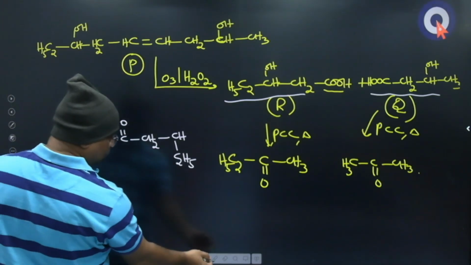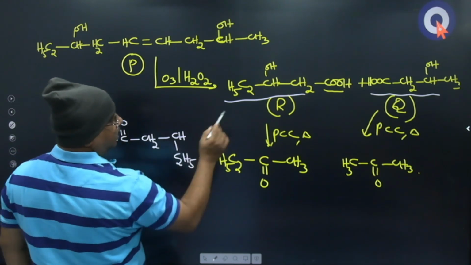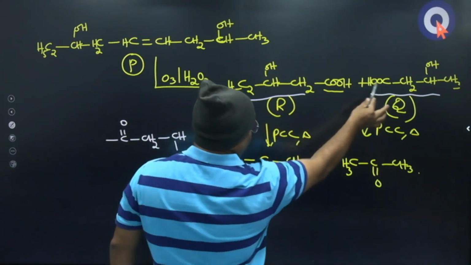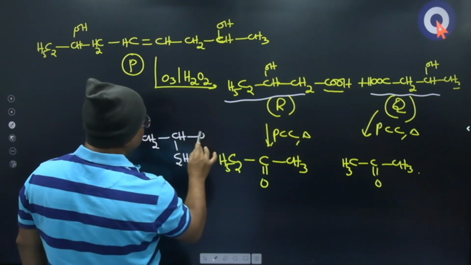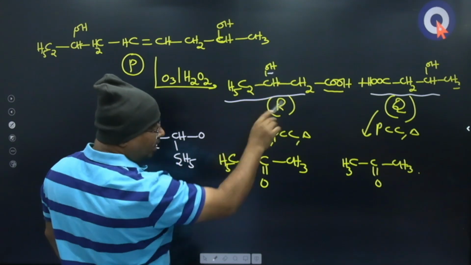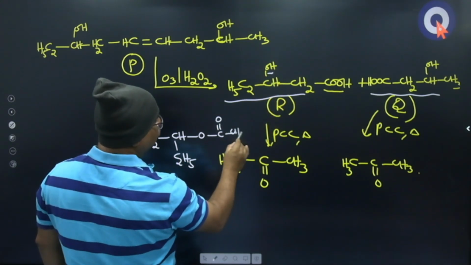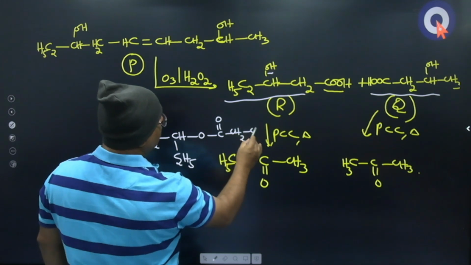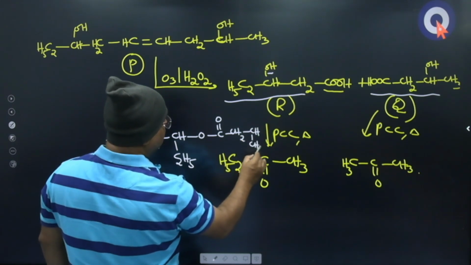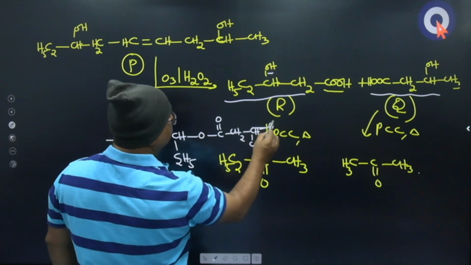Okay, let us proceed. Then the oxygen of this is reacting with the acid of it. In C double bond O, CH2, CH, CH3 and O.